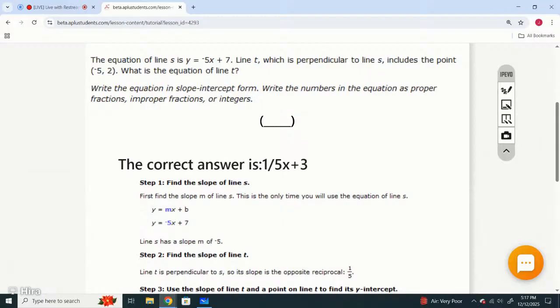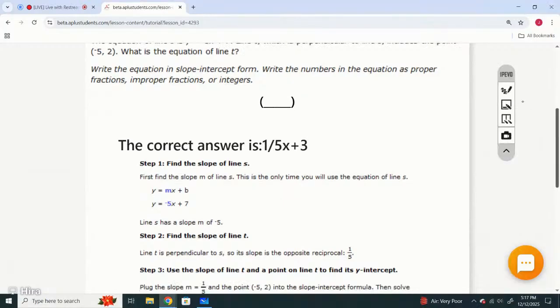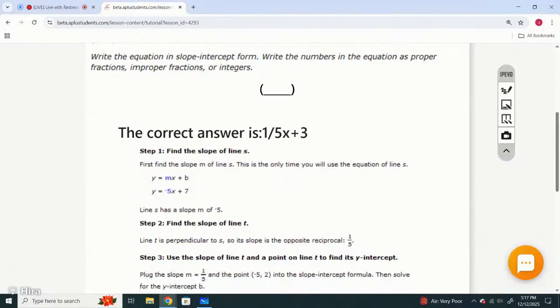So we are given the equation of line S, that is y equals negative 5x plus 7. Line T is perpendicular to line S. From the equation y equals mx plus b, the slope of line S is negative 5.